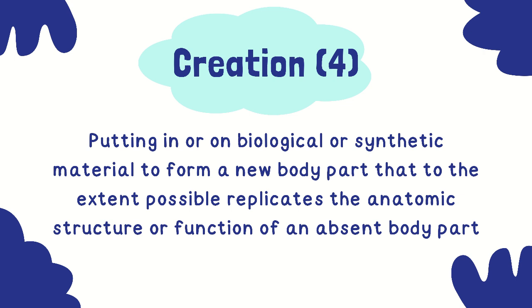And here, creation represents creating a body part with a device to serve as a body part that's actually absent in the patient. And so here, this would be body parts like aortic valve, mitral valve, tricuspid valve.